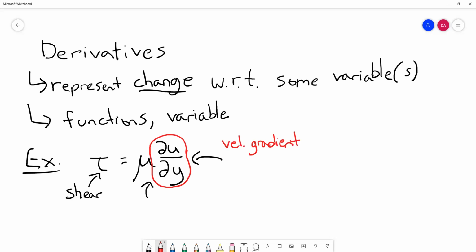Does anybody know what that function actually represents? Just by looking at the variables, what do you think du over dy represents? And u, by the way, is a velocity and y is simply a position, a space position. So what would du over dy represent?